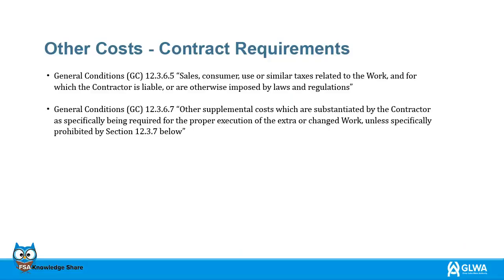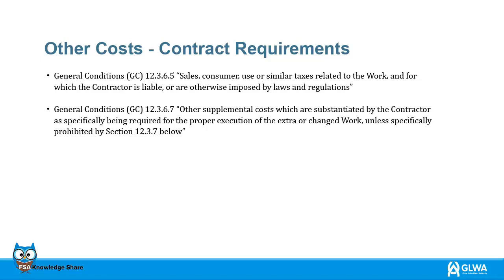The following slides will refer to specific sections of the contract which pertain to other costs, contract requirements. General Conditions 12.3.6.5 Sales, consumer, use or similar taxes related to the work, and for which the contractor is liable, or are otherwise imposed by laws and regulations.